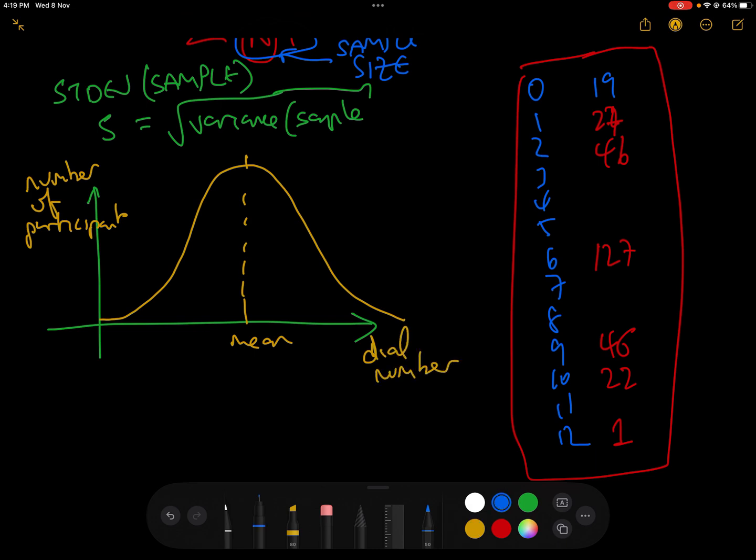So this tells us, for example, that if we have here the dial 9, this many students moved the dial to 9, and this many students moved the dial to 7, etc.